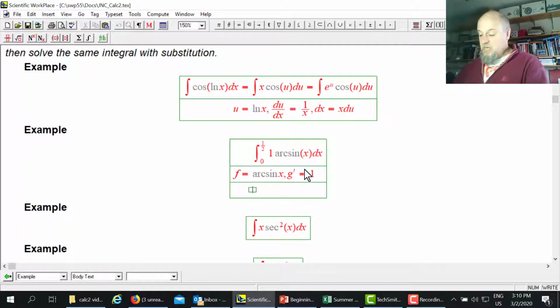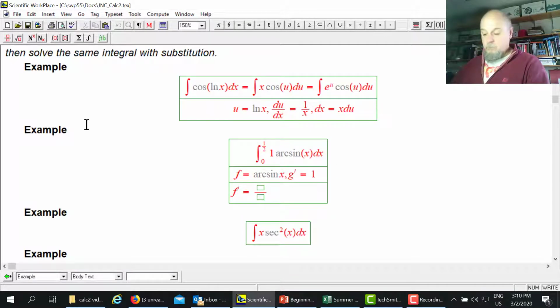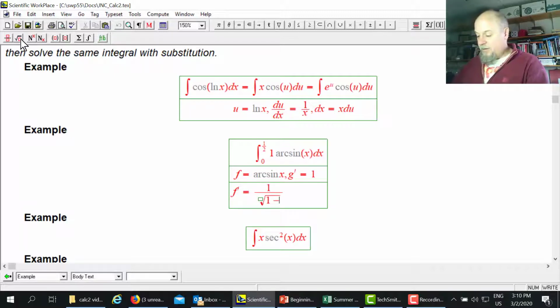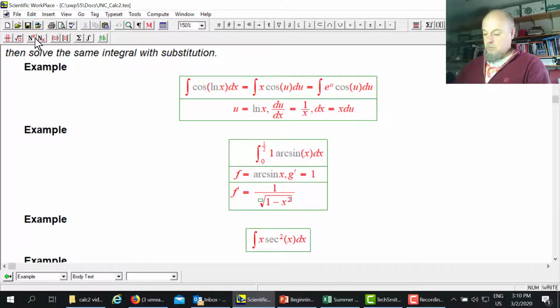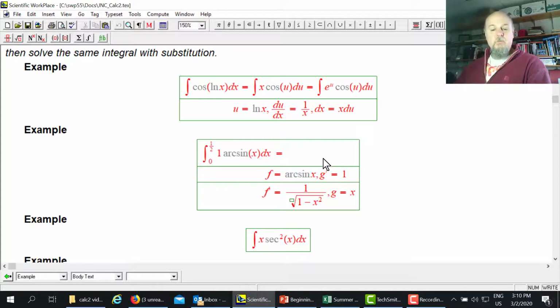When I differentiate arc sine, I get 1 over the square root of 1 minus x squared. And when I integrate 1, I get x.